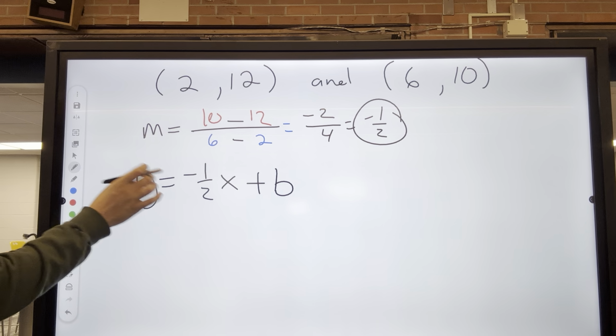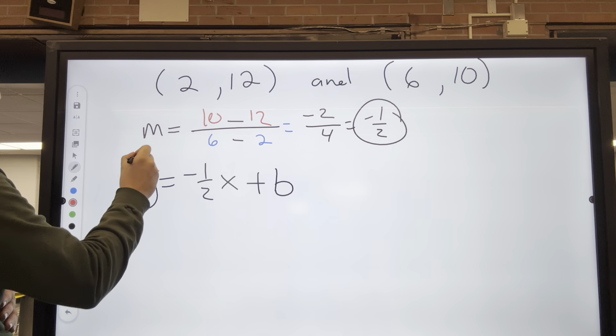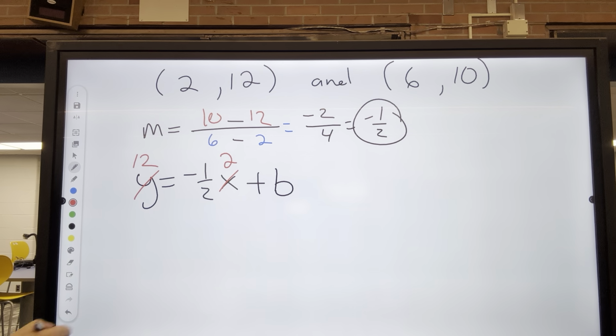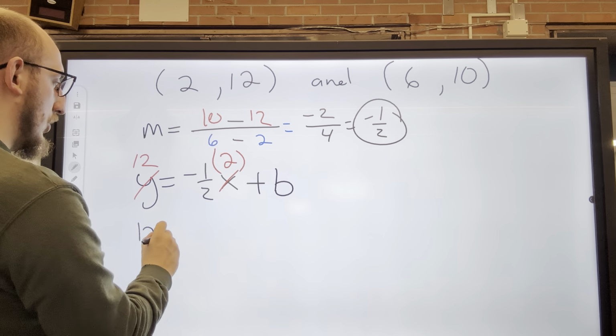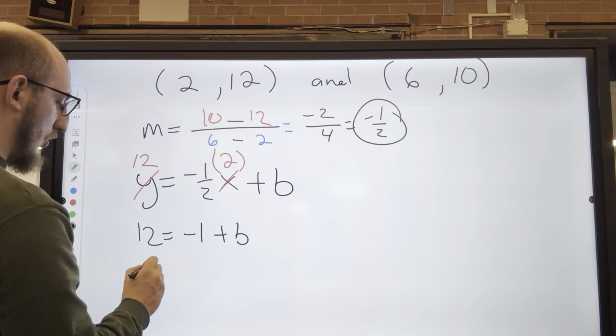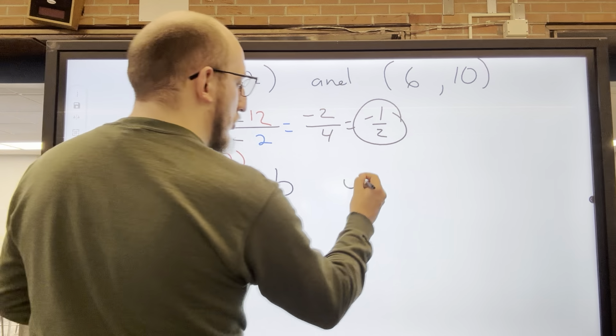But I know what x and y is, right? So instead of writing y, let me write 12. Instead of writing x, let me write 2. Right? So I will get 12 equals -1 plus b, or 13 equals b. If you solved it on your own, you should have got that.